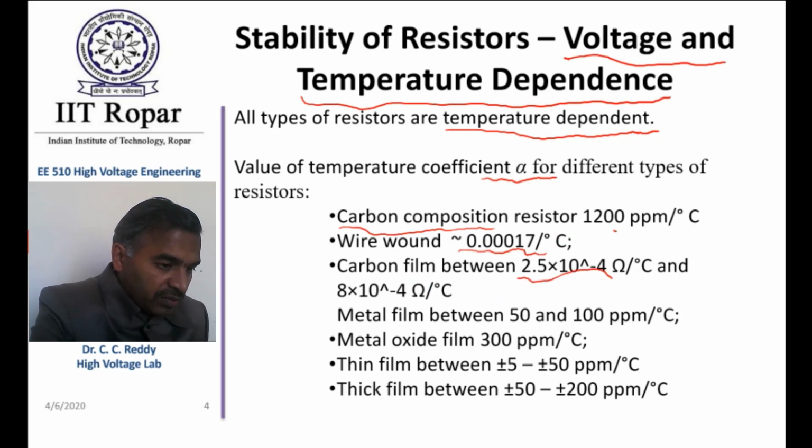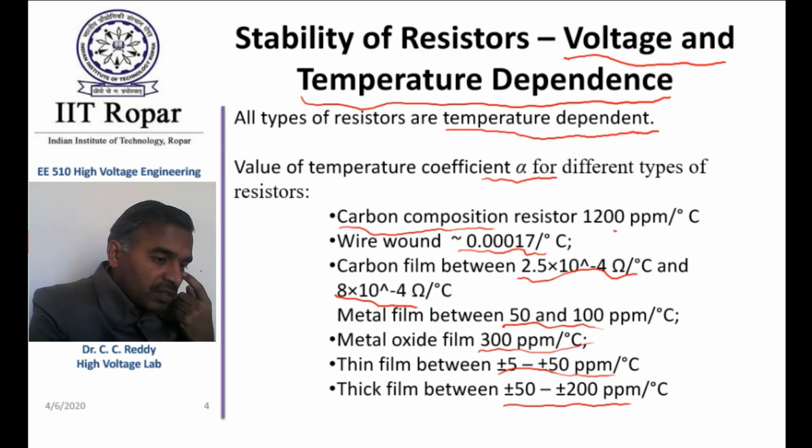Carbon film has a value in this range, and this is the range for metal film and metal oxide, and thin film and thick film. These are the alpha values for various resistors. These resistors we will study in detail in the next few presentations.